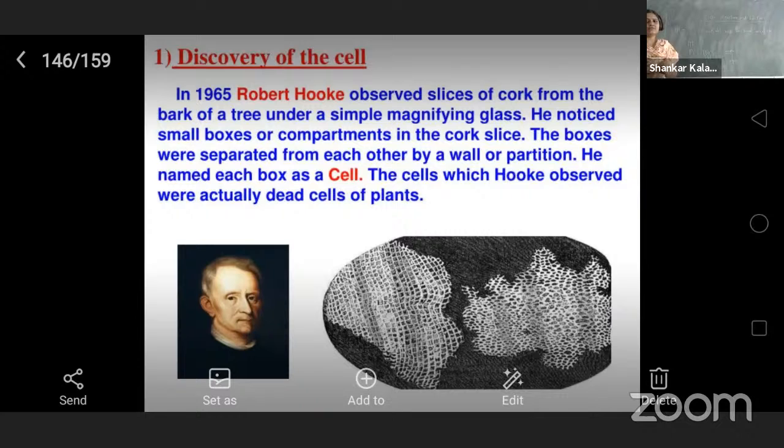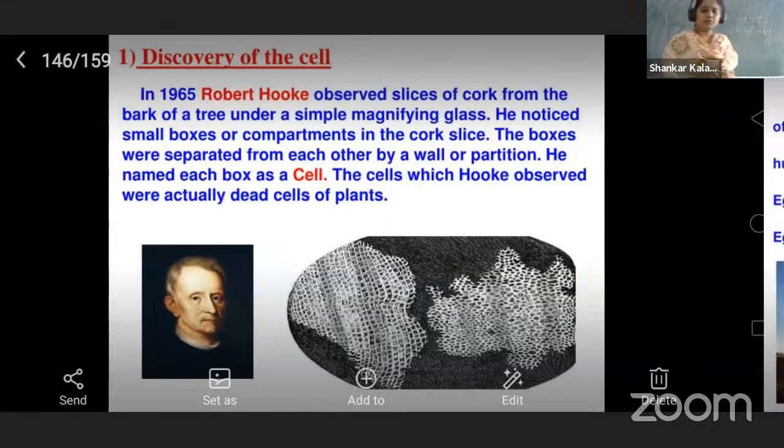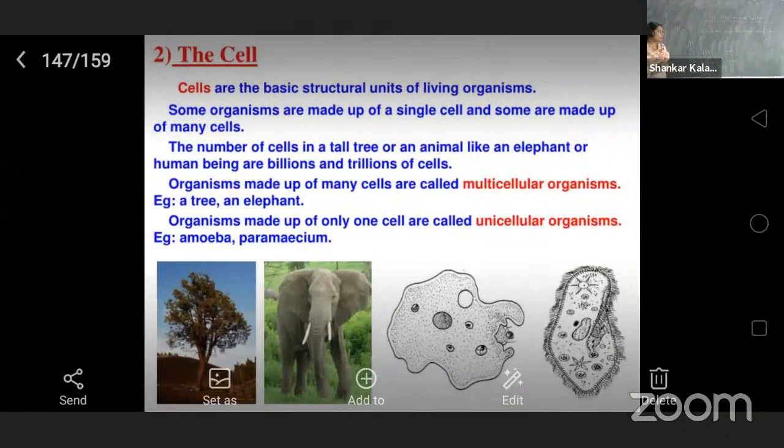The cells which Hooke observed were actually dead cells of plants. But we all have living cells. Our body organs are made up of cells, and whatever activities we do are all functions of the cell. Robert Hooke found the cells. Now, cells are the basic structural unit of living organisms.